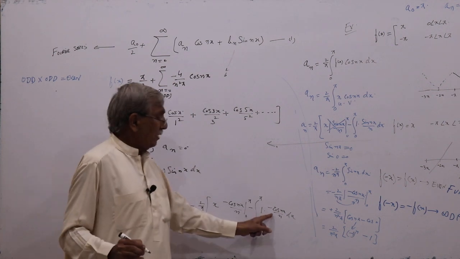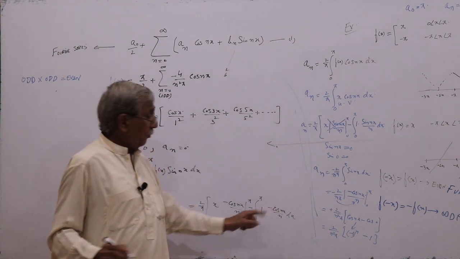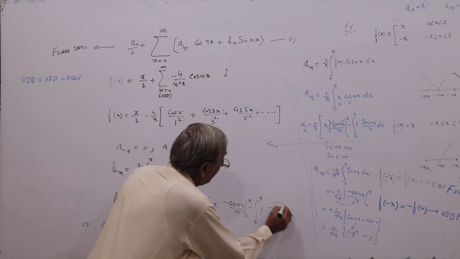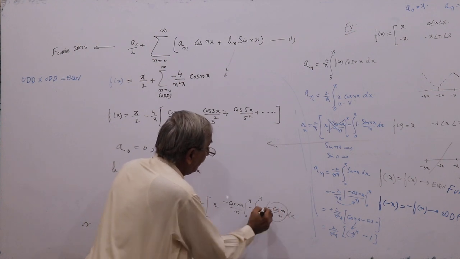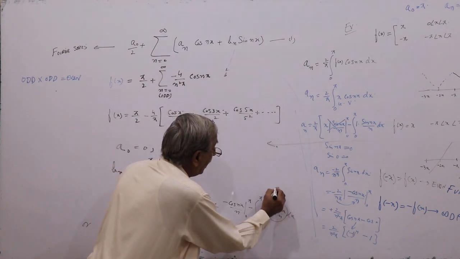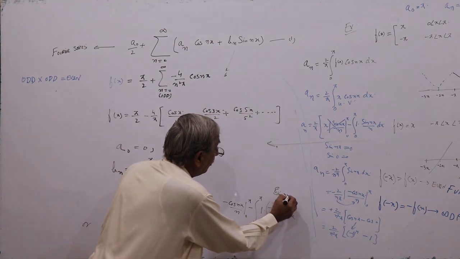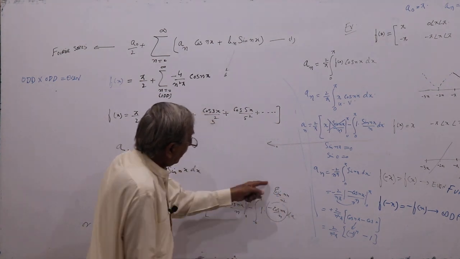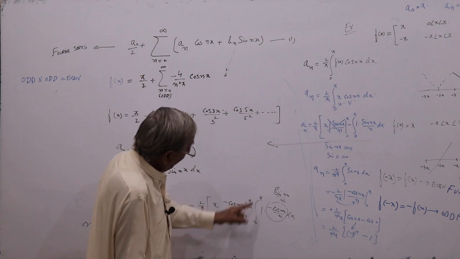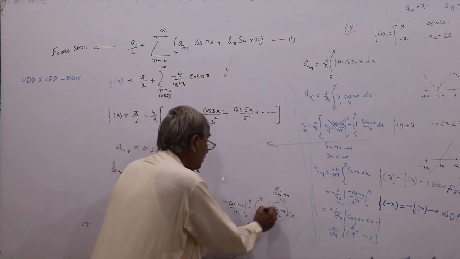And I am not calculating this integral. Why? If you integrate, this will become sine nx over n square, and sine n pi is 0 and sine 0 is 0, so that is gone.